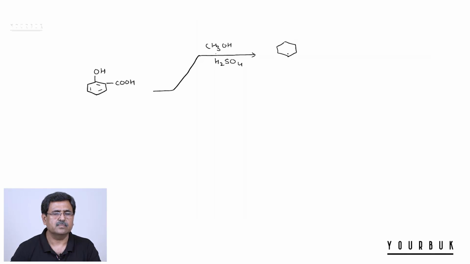So, these are the two very important reactions of salicylic acid. Now, this is salicylic acid. The first reaction is reacting it with methyl alcohol in the presence of sulfuric acid. Now, this reaction is called esterification, and it gives an ester called methyl salicylate.